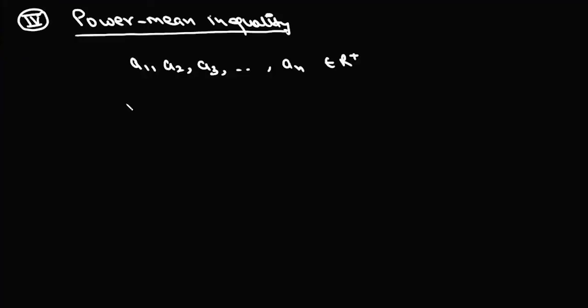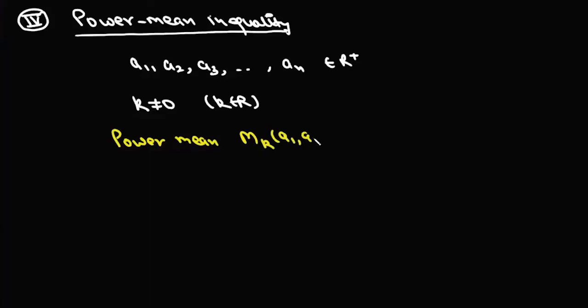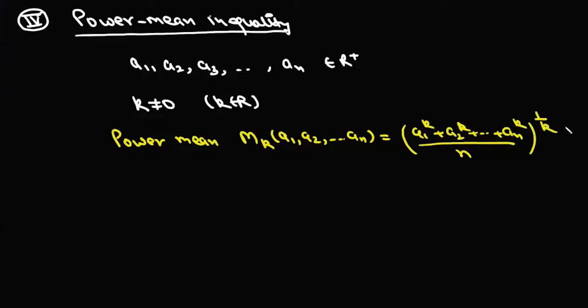If we have n positive real numbers a1, a2, a3 up to an, and they are positive real numbers, and we have a real number k which is unequal to 0, then their power mean Mk of a1, a2, a3 up to an is defined as (a1 to the power k plus a2 to the power k up to an to the power k) whole divided by n, to the power 1 upon k, where k is a real number and it is not equal to 0.